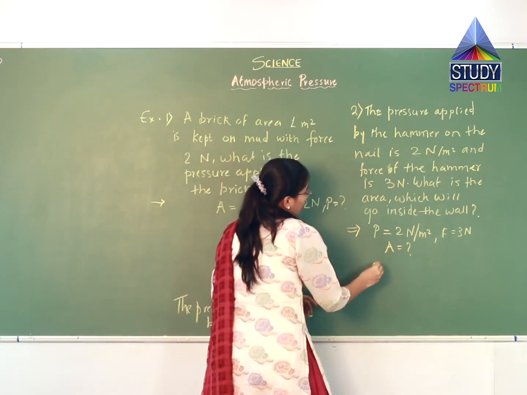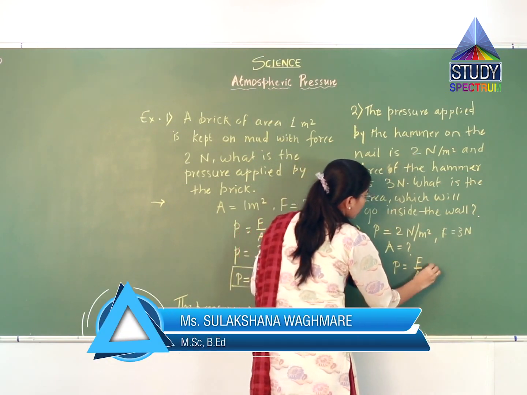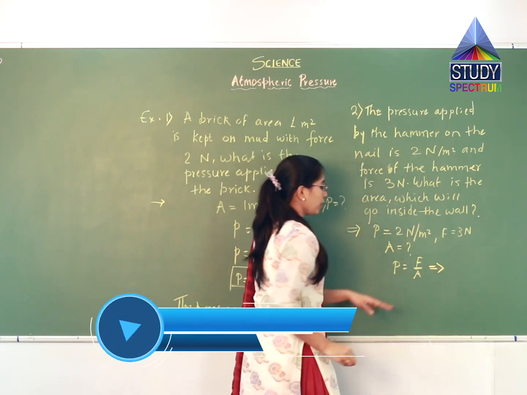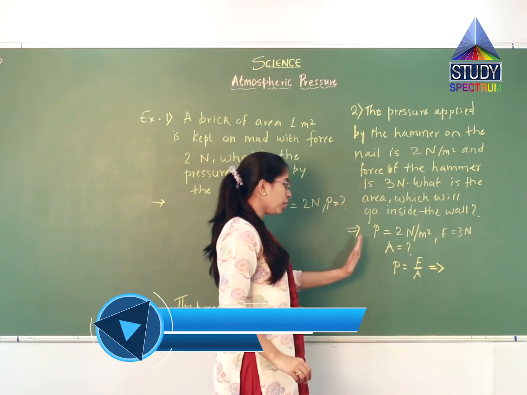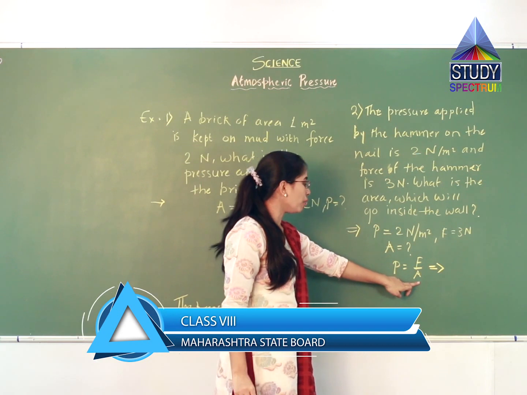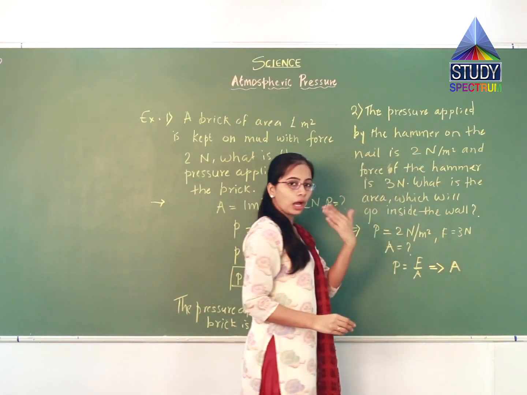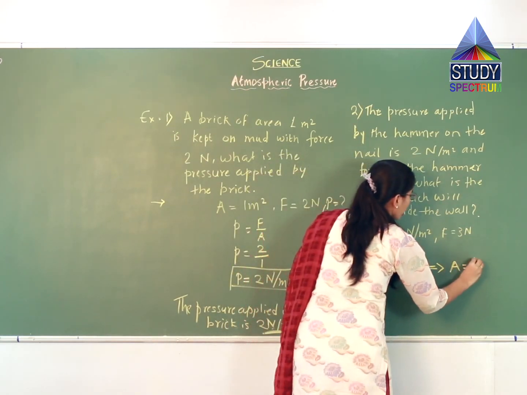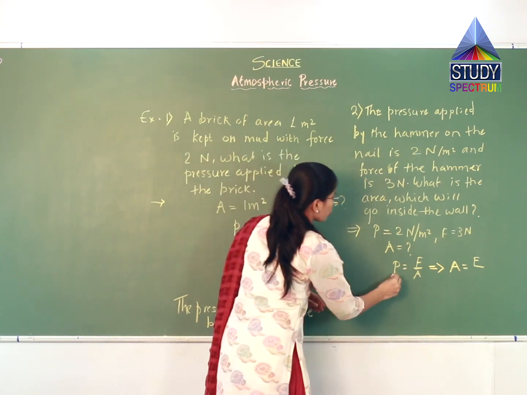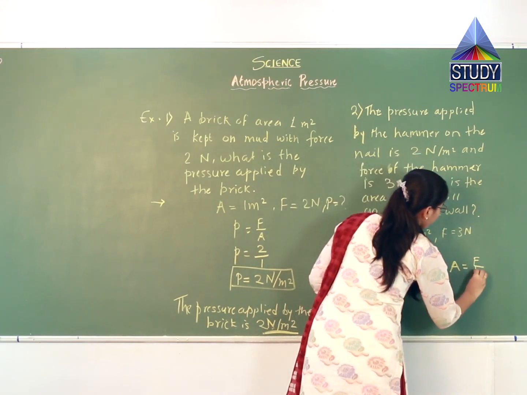So here let us write down the formula first. Pressure is force upon area, but we have to find out the area here. So we will take A on the left hand side and P on the right hand side. You can see A is in the denominator, so on the left hand side it will come up, and pressure P is in the numerator, so it will go downward.